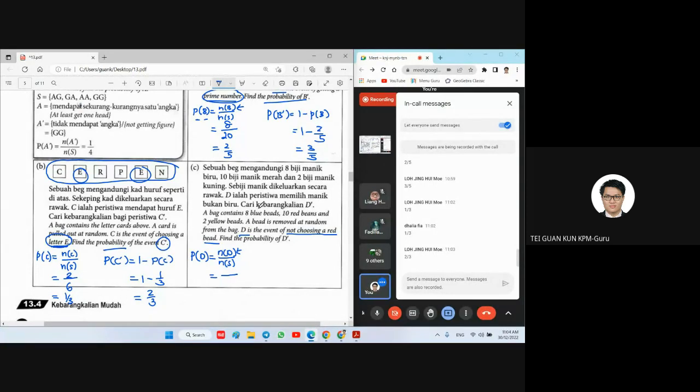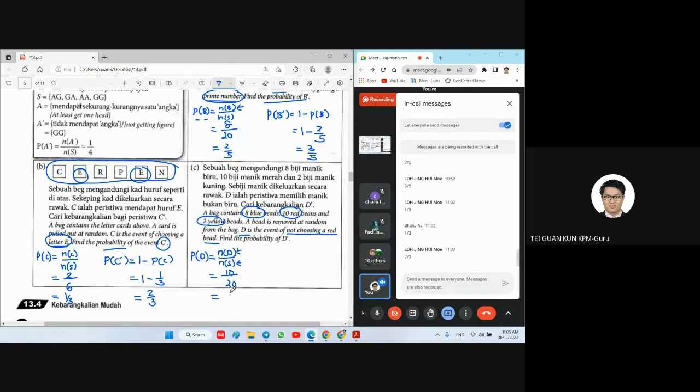The bag has 8 blue, 10 red, 2 yellow. But you don't want to choose red. So what do you want to choose if you don't want to choose red? Blue and yellow. So how many blue and yellow are there? 10. Okay. What is the total sample space? 20.